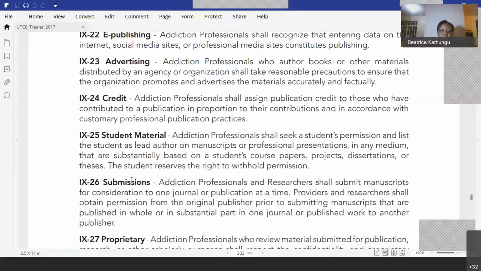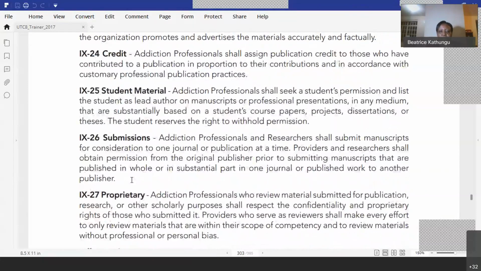Number 26 is about submissions. Now this one is reminding us of, again, something we do. You submit a manuscript for consideration in one journal, and you submit it in another one and another one. The danger then is supposing they all publish. So this is reminding us that when we submit articles or manuscripts, we do so one journal at a time.